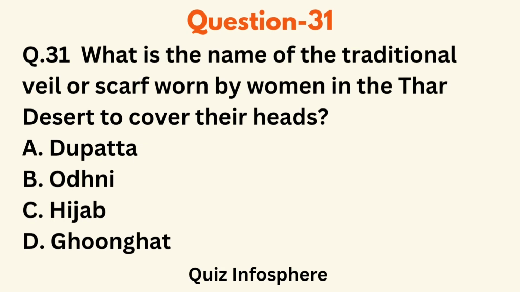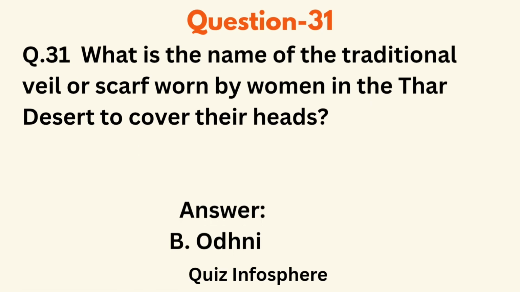Question 31. What is the name of the traditional scarf worn by women in Thar desert to cover the heads? Dupatta, odhni, hijab, ghungat. The correct answer is option B, odhni.